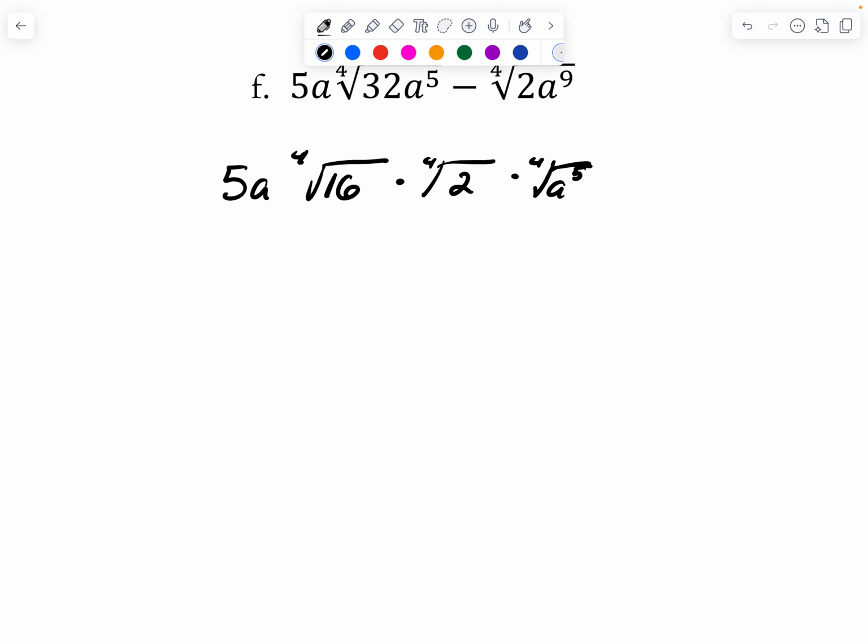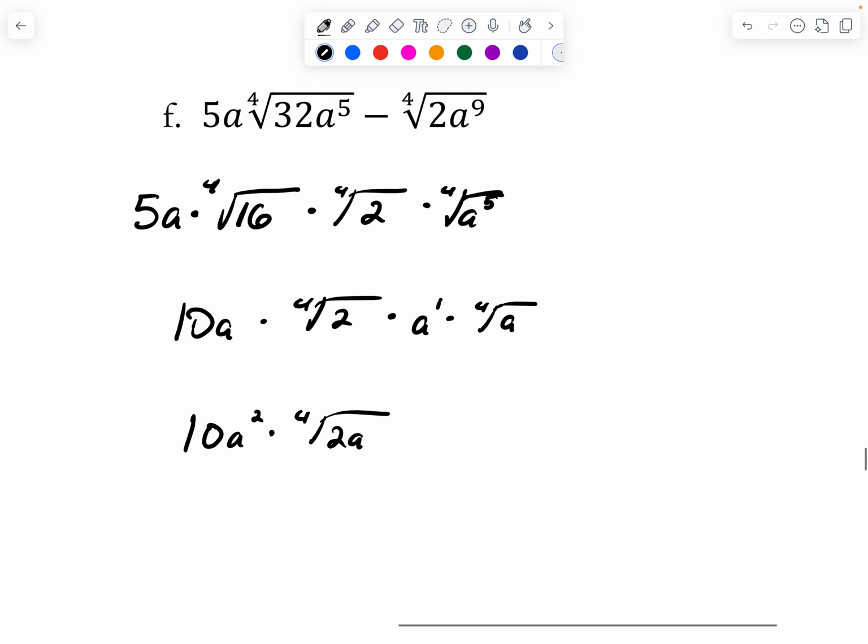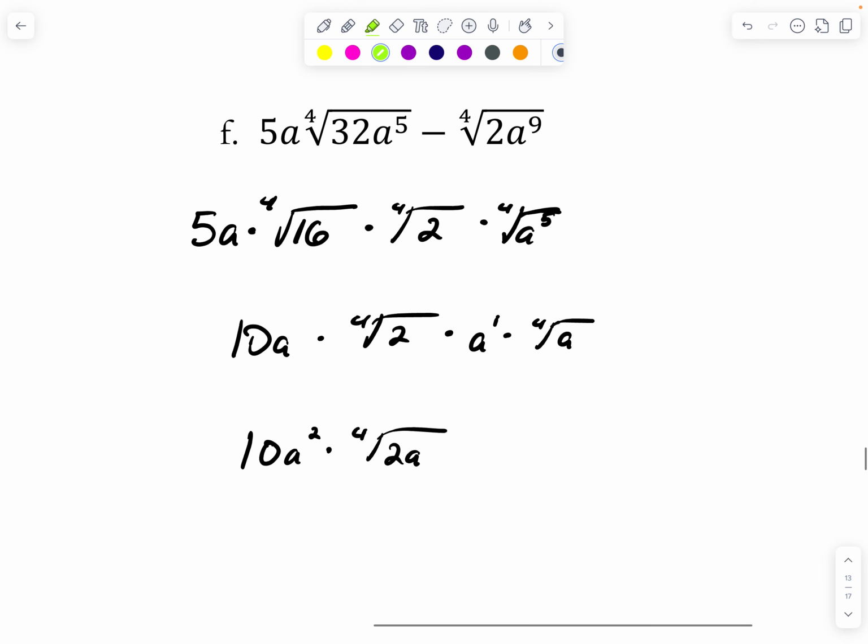So that's going to be 5a times 2, which is 10a. And then in terms of what else is left on the outside, let me write this 4th root of 2. And this would be 4 goes into 5 one time, so a to the 1st power, times the 4th root of a. So putting that all together, I get 10a squared times the 4th root of 2a. So that is my left side, this one here, simplified.